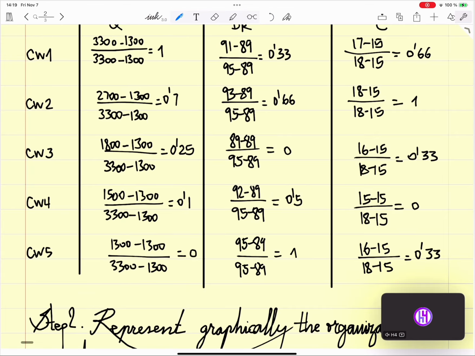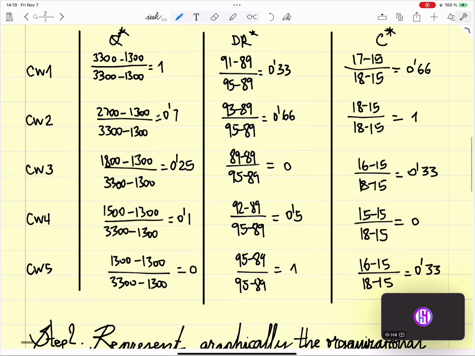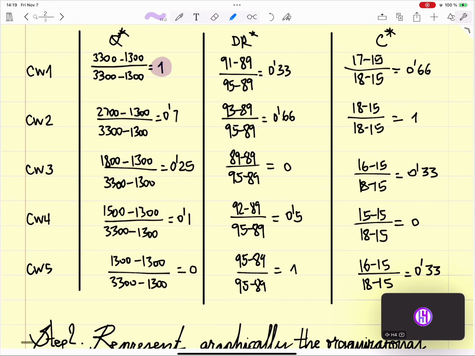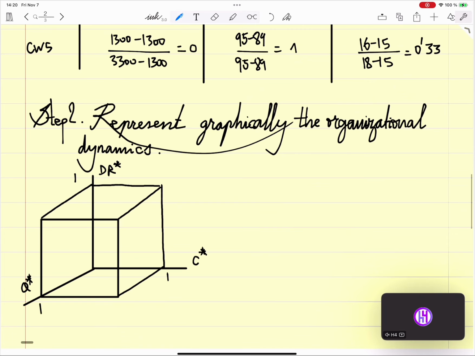So if we say the calendar week is one point in space, calendar week 1 would be the point 1, 0.33, 0.66. So 1 in quality, 0.33 in delivery rate going up, and 0.66 going to the right. So this is calendar week 1, the point 1, 0.33, 0.66.